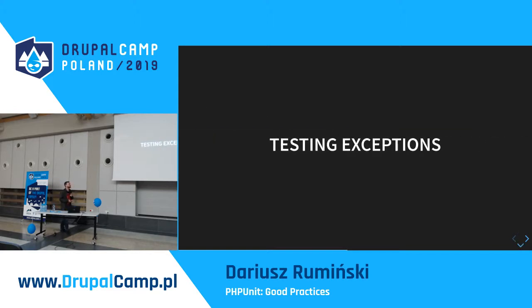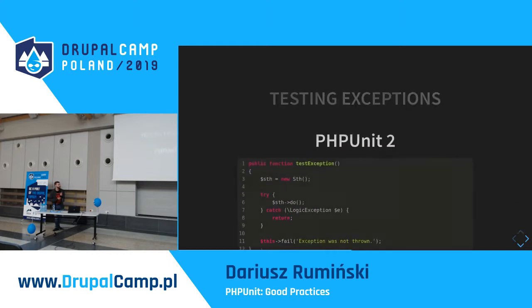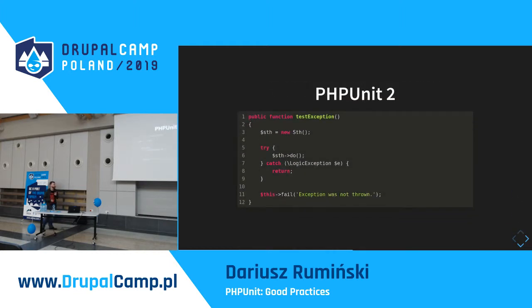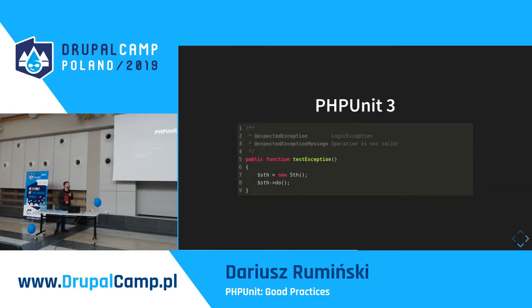But what if we are expecting to see the error? Again, a bit of history. Originally, no native support, we had to do our own try-catching, we had to fail the test on our side, and it was again not that handy. So again, with version 3, official support for this feature was introduced with annotations, but here it's not only error-prone for typos.